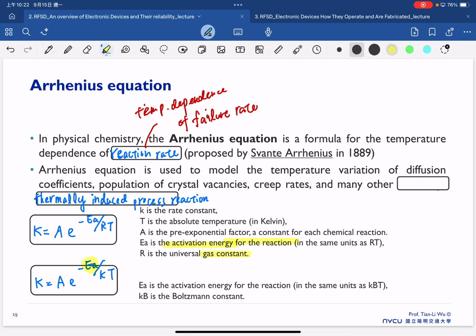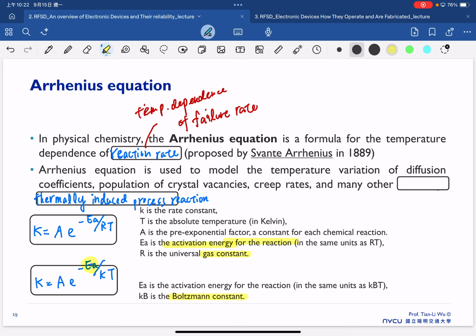Ea is the activation energy, but the k is the Boltzmann constant for our case, where we want to understand the case in the semiconductor. So now we slightly revise this equation and put in a certain constant that is more fitted for our semiconductor analysis purpose.